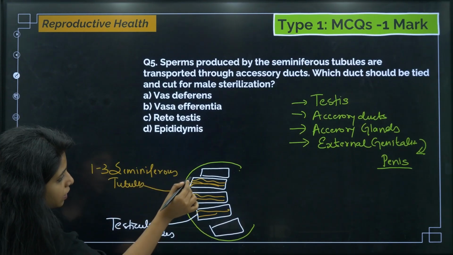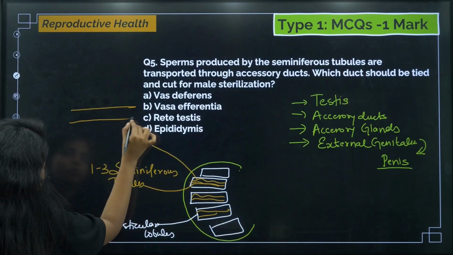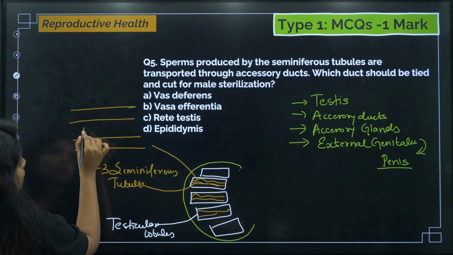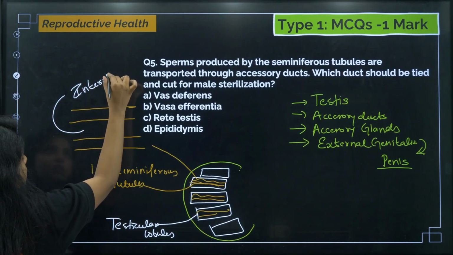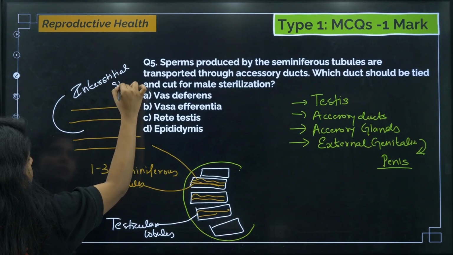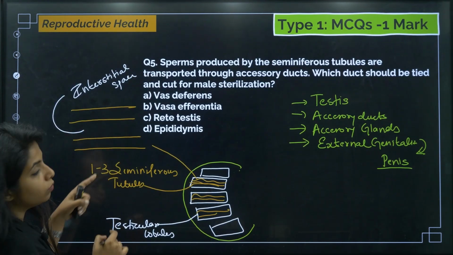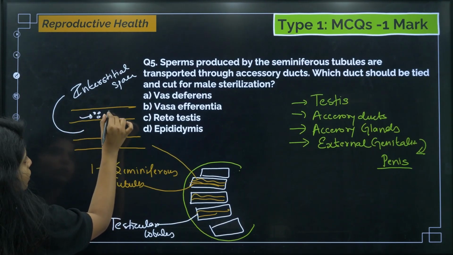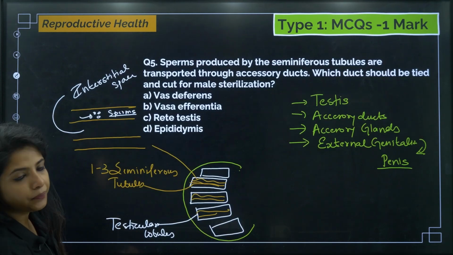And if I zoom this seminiferous tubule in, so this is one seminiferous tubule, this is another seminiferous tubule, and there is a space in between. This space is known as interstitial space. So I am saying inside the seminiferous tubule, the sperms will be formed from the sperm mother cell.